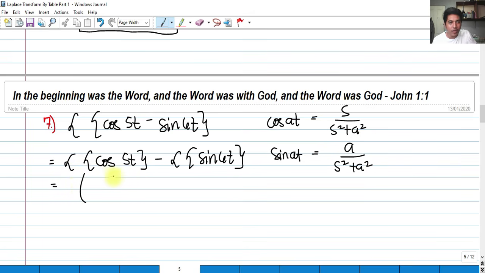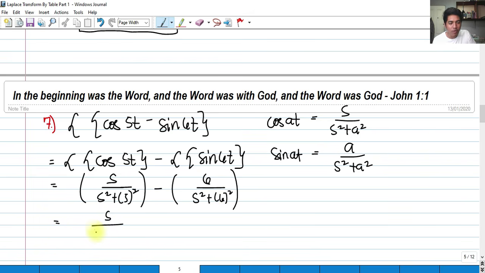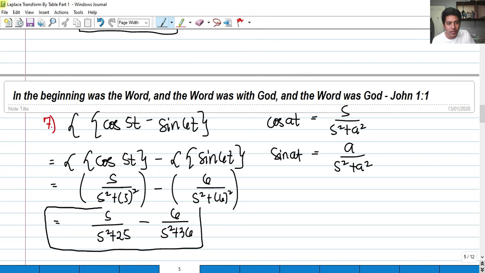For cosine, we have s over s squared plus the value of a, which in this case is 5, so 5 squared. Minus, for sine of 6t, the value of a is 6, so 6 over s squared plus 6 squared. Evaluating that, we have s over s squared plus 25 minus 6 over s squared plus 36, since 6 squared is 36 and 5 squared is 25.